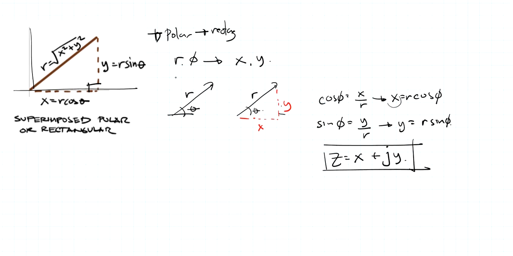The next one is, what if we are given a rectangular form and we are going to change this to polar?